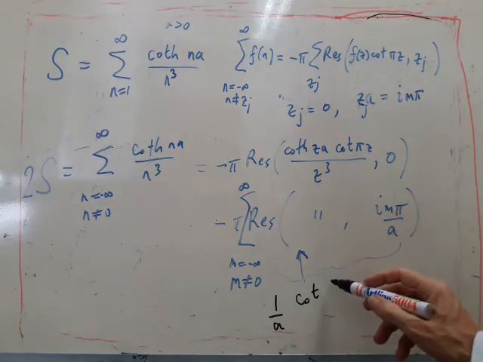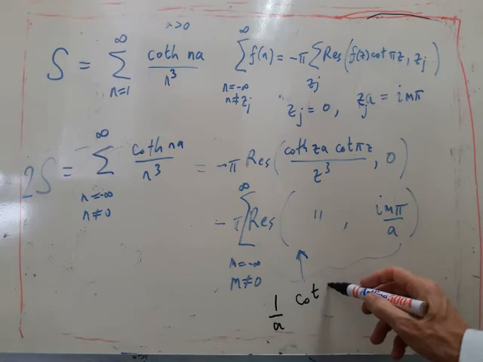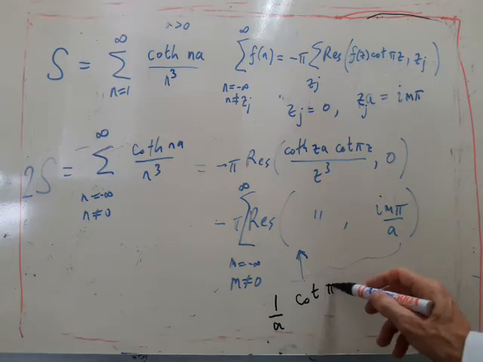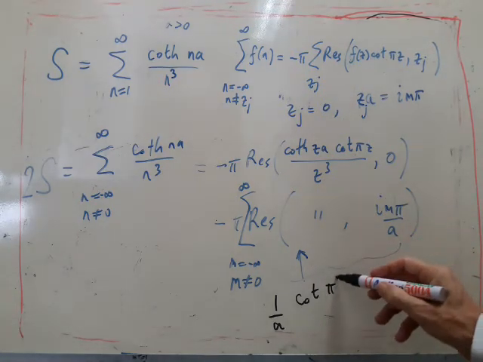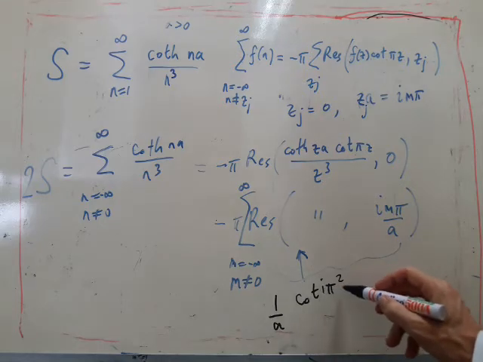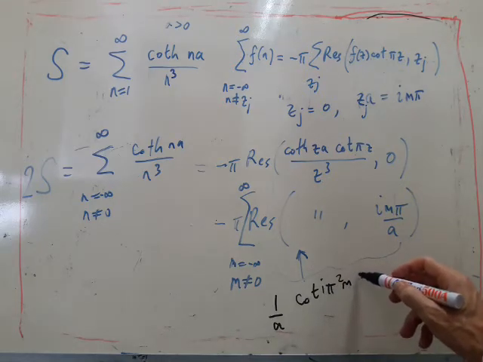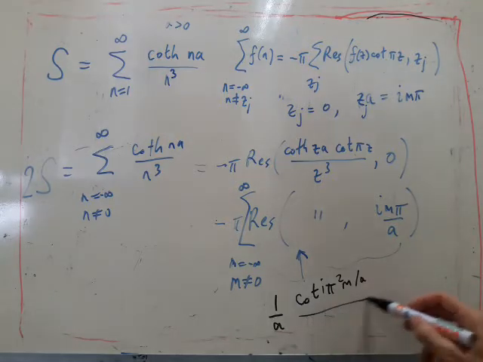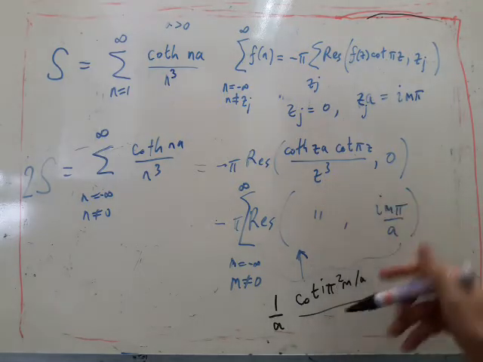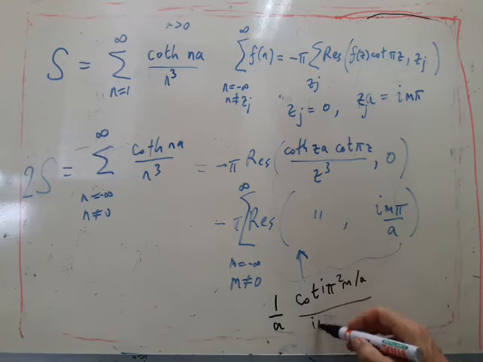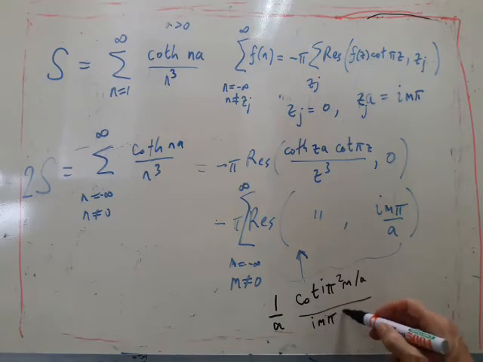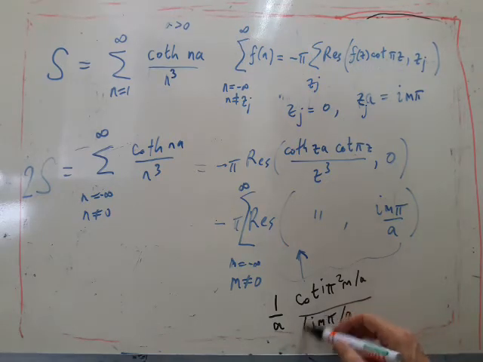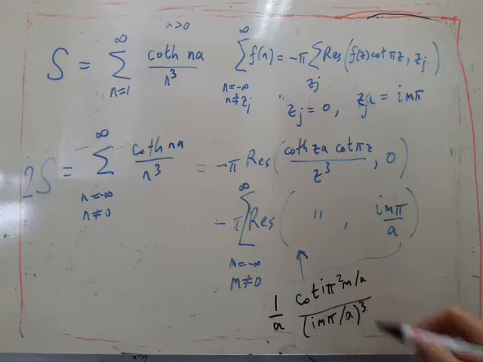So I get cot pi, then I've got another pi here, so that makes pi squared i m over a, and then that's all divided by z cubed, which is all of this cubed, so it's i m pi over a all cubed.